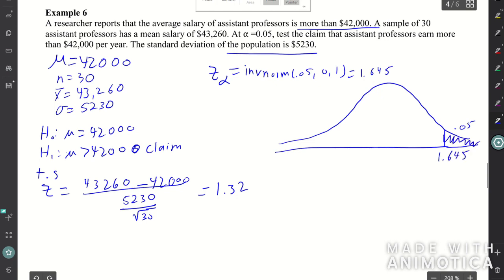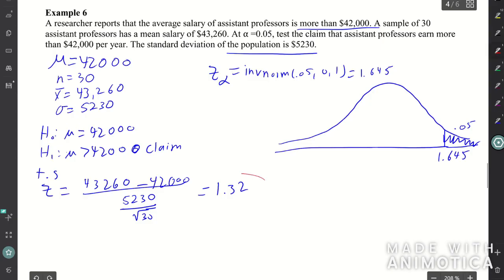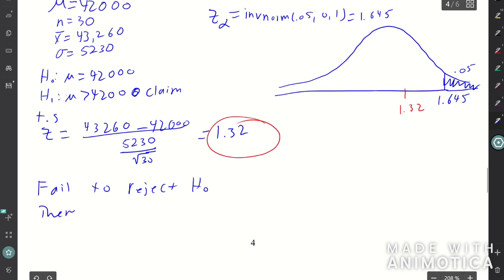And if we are in this tail, we will reject. Noticing that we actually have a 1.32, we have fallen in the non-rejection region. So we are going to fail to reject, which means there is insufficient evidence to support the claim.